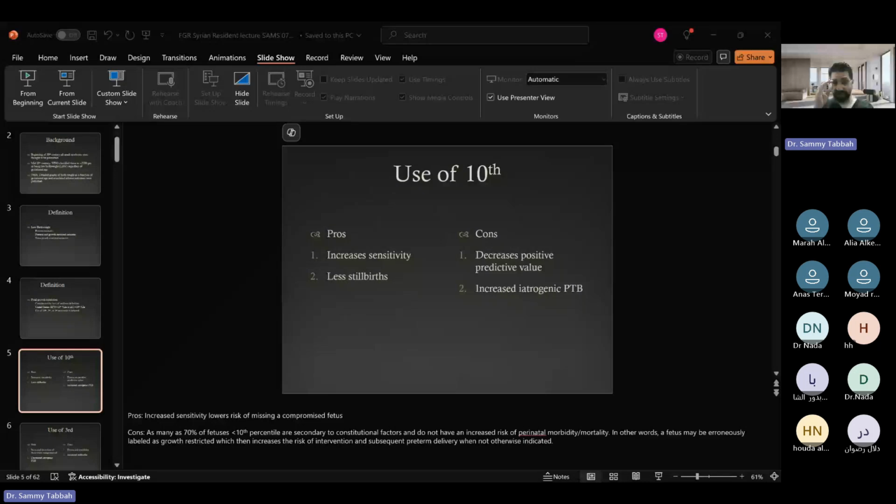Also, chromosome abnormalities account for up to 20% of growth-restricted fetuses. So from the genetic standpoint, chromosome abnormalities, the most common being trisomy 18, 13, Turner syndrome, and triploidy.